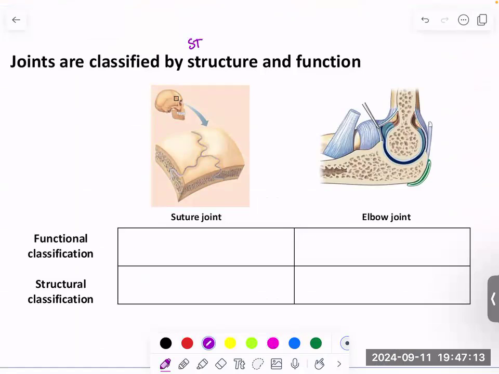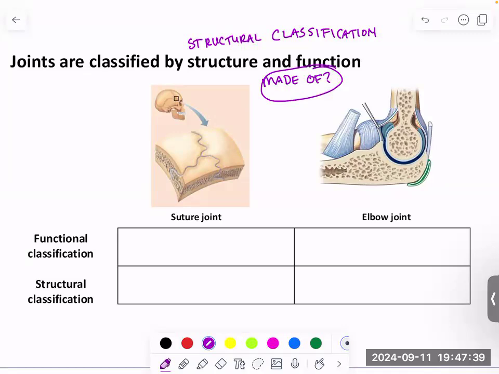For structural classification, what you need to think about is what is it made of? What is the joint made of? That's what's going to define its structural classification.